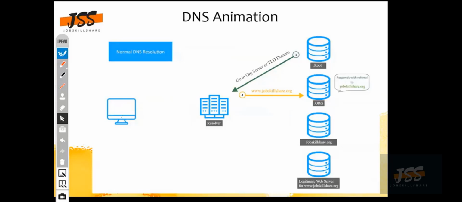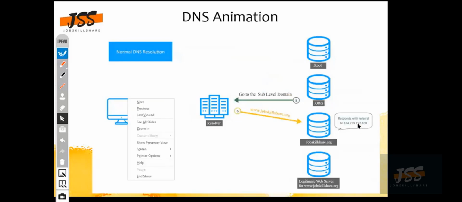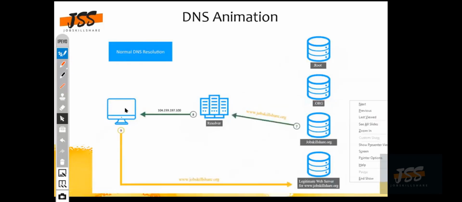Then the next step is that the org server will find out this is the jobskillshare server. So you need to go to the jobskillshare server, because that has the public IP 104.223.9.197. After that, the public IP has been resolved and it will be given to the host machine.